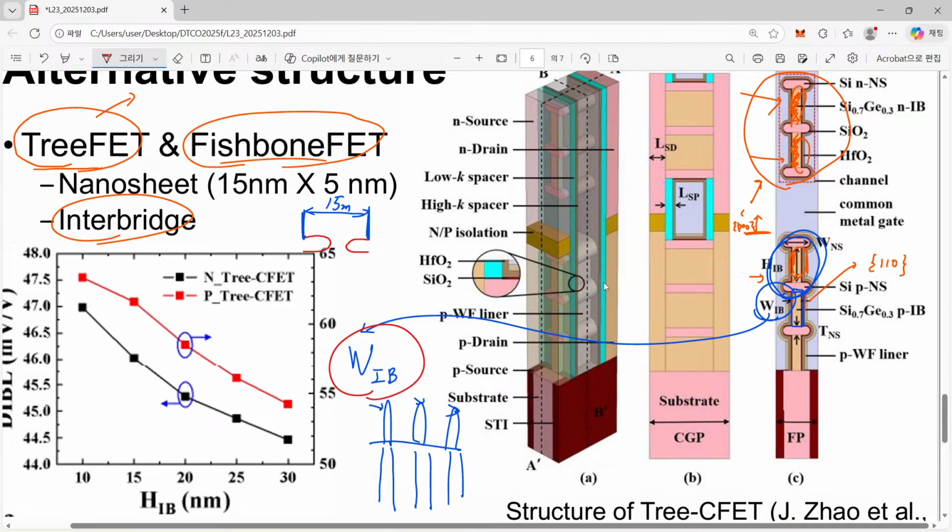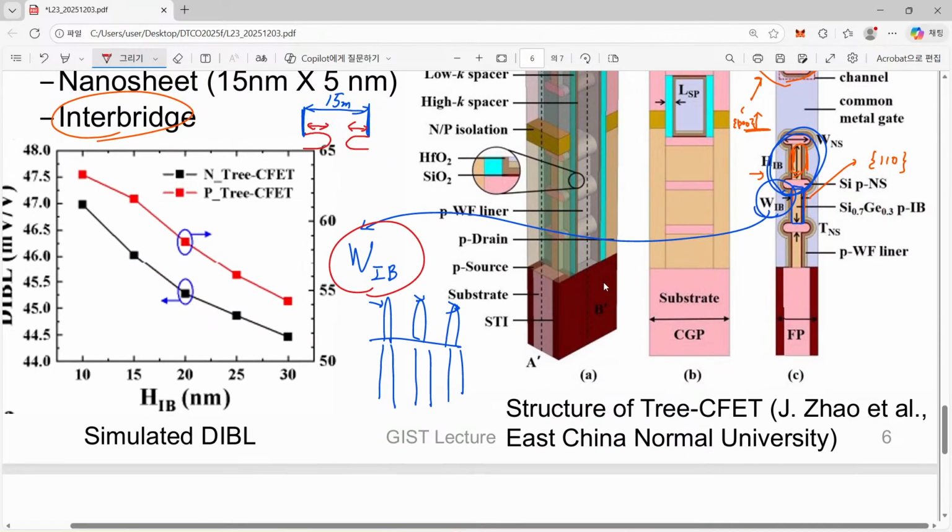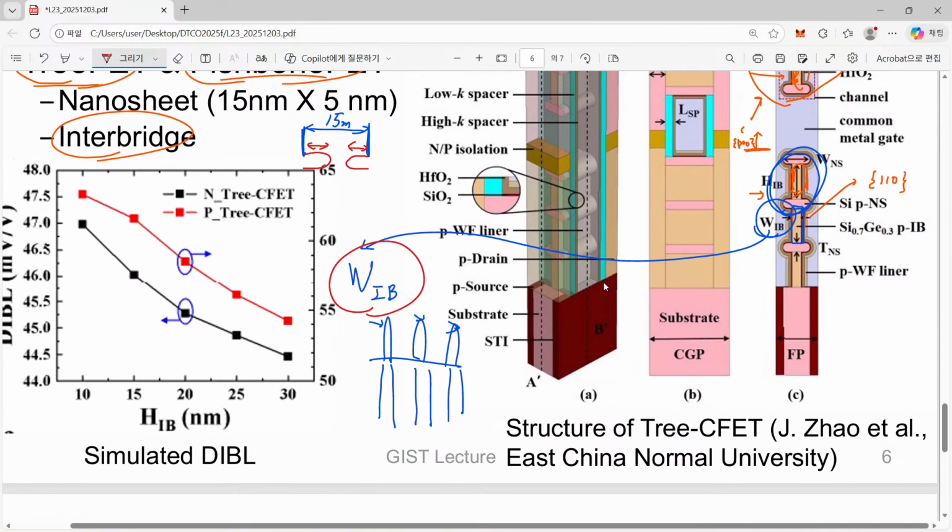So I told you that for some time they gave up and tried to do without inner spacers. Of course, that was a complete failure. So simply speaking, if we adopt this kind of procedure, then we must be really careful about this etching process, and it will be quite difficult to control the thicknesses. So those are the expected difficulties of this procedure.